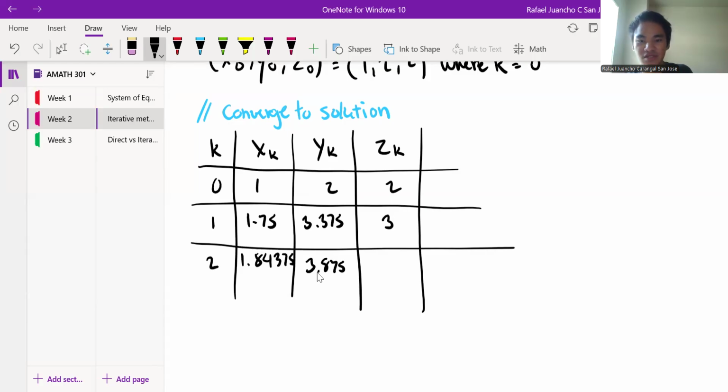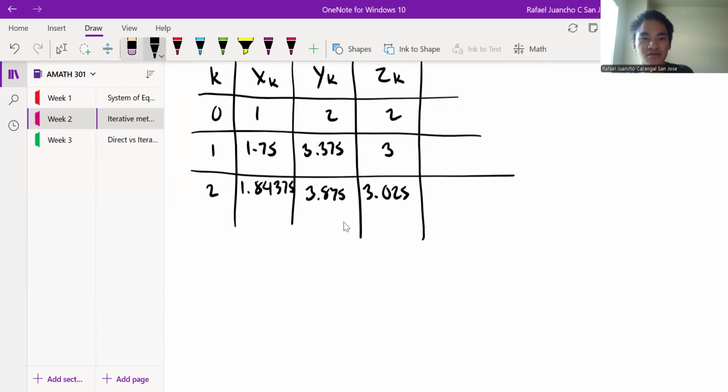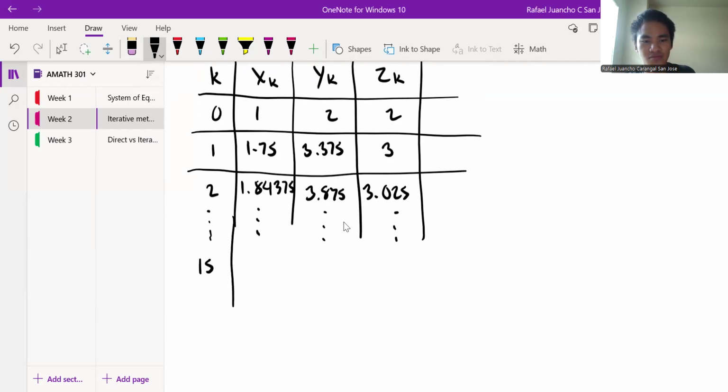But here I'm just introducing this idea of what it means to start from an initial guess and eventually it converges, right? So I keep going, and I get to 15.